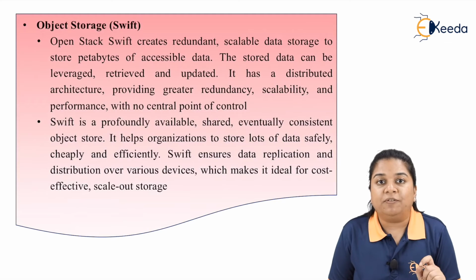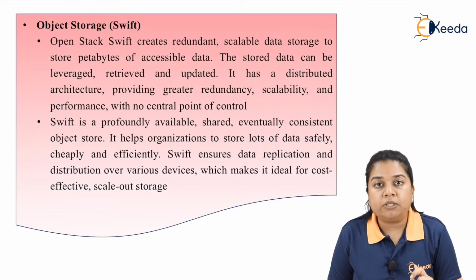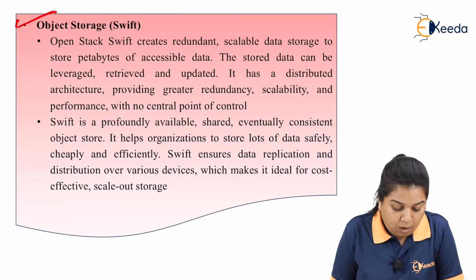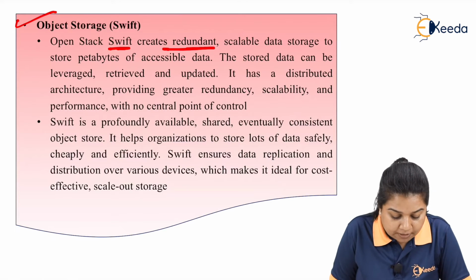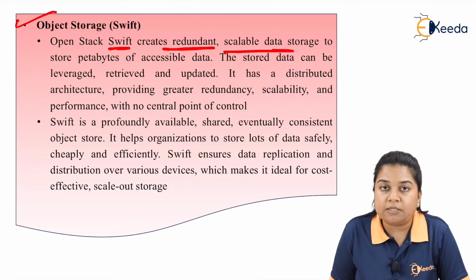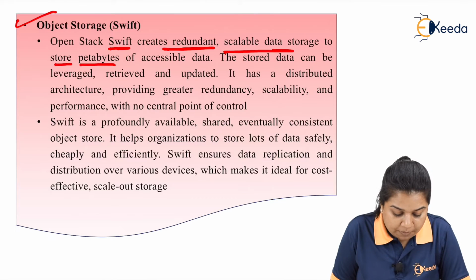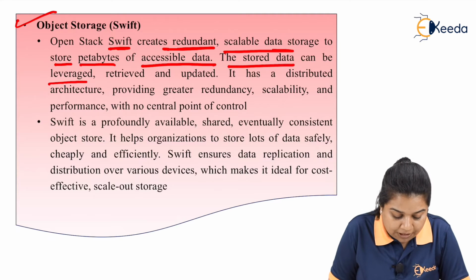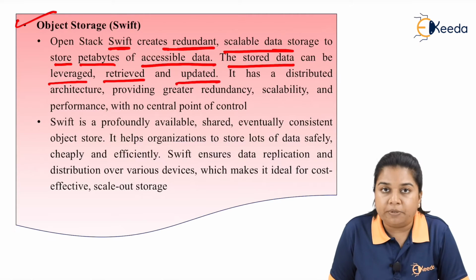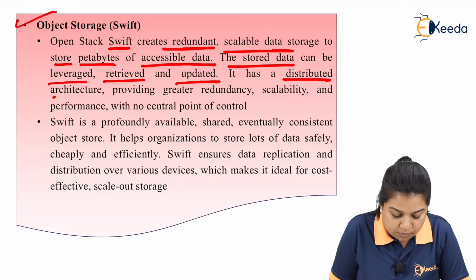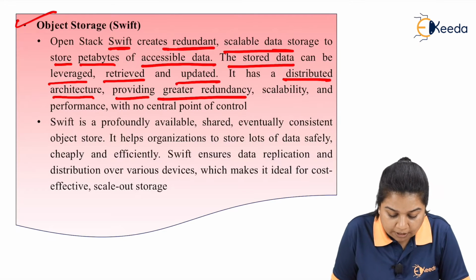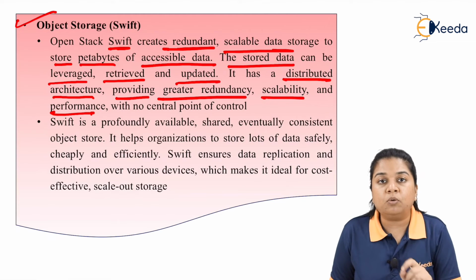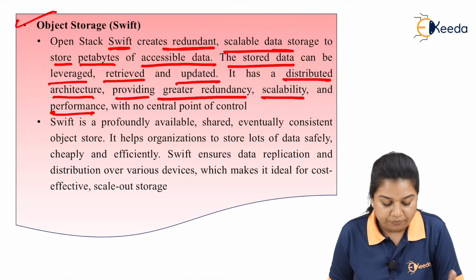Then comes Swift. Swift is for storage, and specifically it is for object storage. OpenStack Swift creates redundant, scalable data storage to store petabytes of accessible data. The stored data can be leveraged, retrieved, and updated. It has a distributed architecture providing greater redundancy, scalability, and performance with no central point of control.